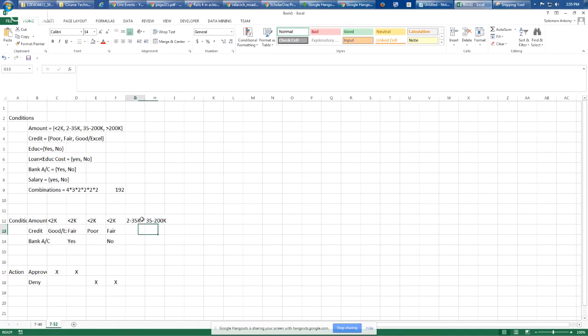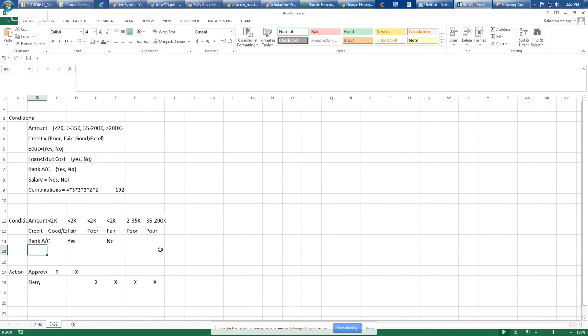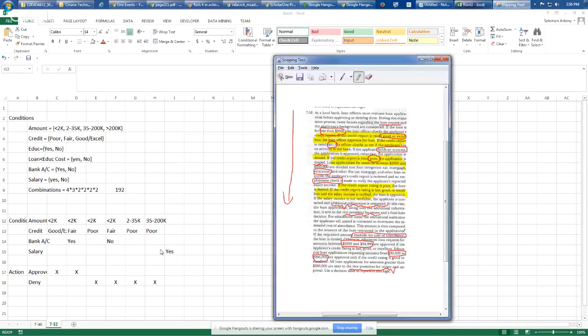And if credit is poor, the deny is checked. That's what this line is. It's fair, good, or excellent. And if the salary income is verified, so here's where we have salary, and the credit rating is poor, the loan is denied.